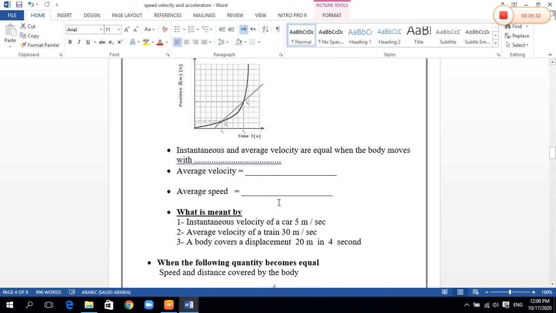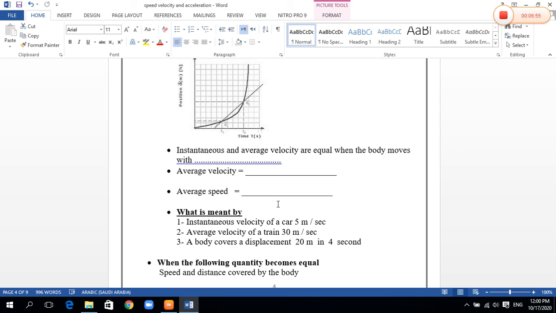So what is meant by an instantaneous velocity of a car of 5 meters per second? This means that at a specific moment the velocity of the car is 5 meters per second, but the average velocity of the train equals 30 meters per second. This means the total displacement divided by total time equals 30 meters per second.